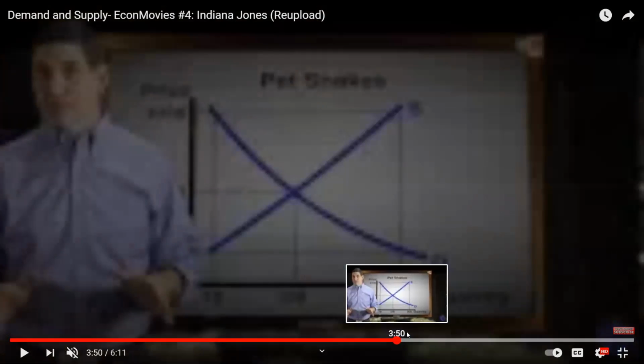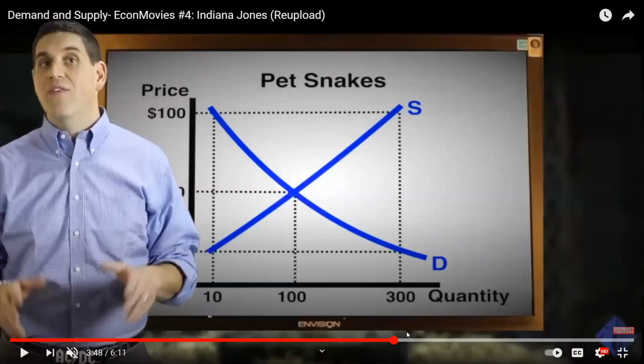So this next section here, he's talking about adding the supply into the graph. The supply graph goes the other direction. You talk about these as being curves. They're showing the demand as curved. The supply line doesn't really look that curved.